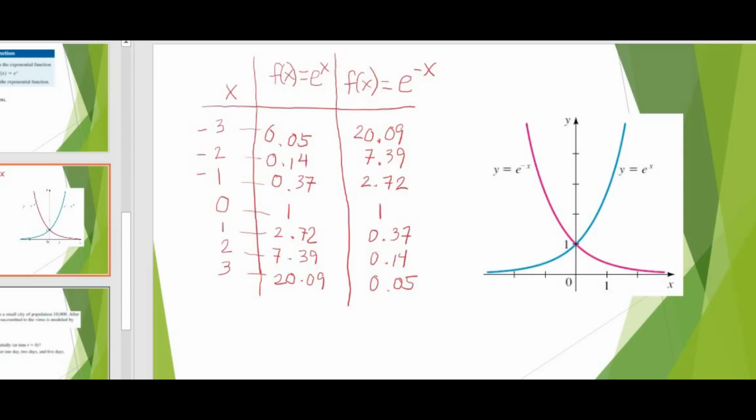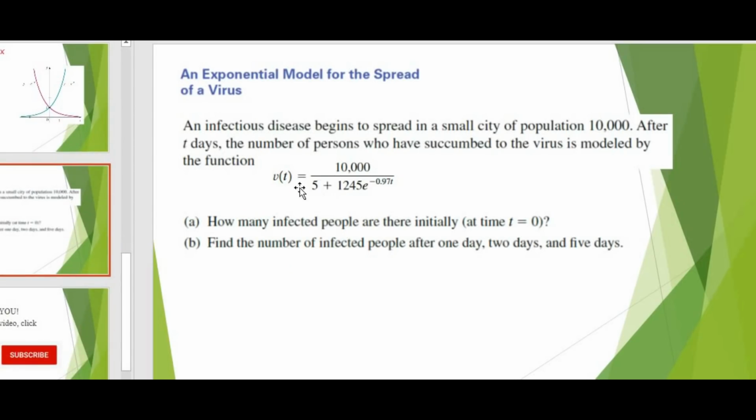Okay, next, an exponential model for the spread of virus. An infectious disease begins to spread in a small city of population 10,000. After t days, the number of persons who have succumbed to the virus is modeled by the function. So we have v of t is equal to 10,000 over these expressions here.